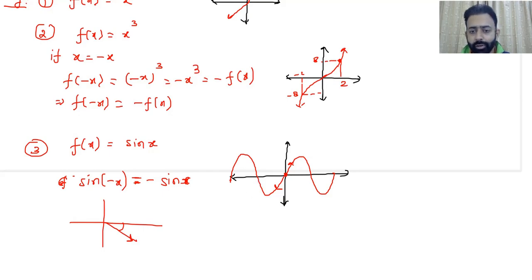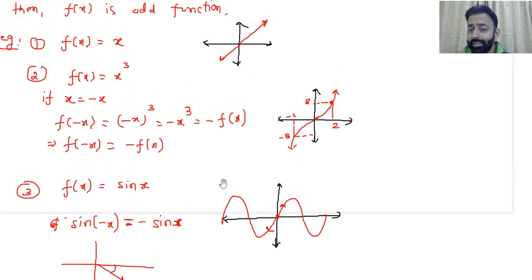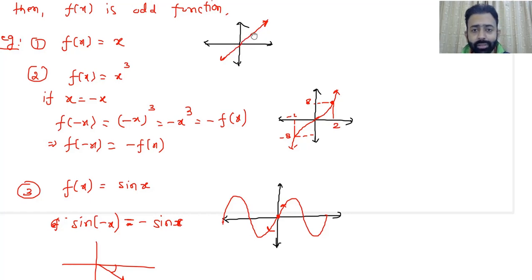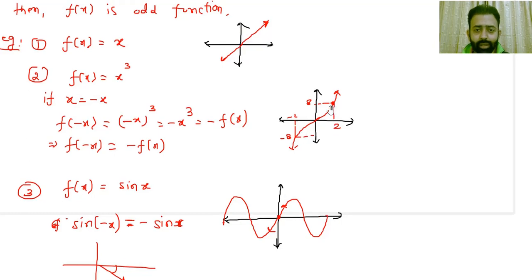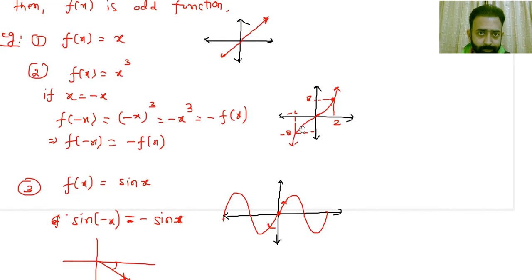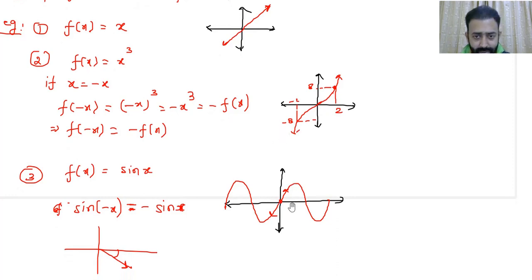Now talking about the symmetry of all these odd functions, you can see that whatever is the portion of the graph for positive values of x, the same is reflected in the opposite quadrant. So it is symmetrical in the first and third quadrants. Here also it is increasing like this and decreasing like this, so it is again symmetrical in first and third quadrants. Similarly for sine x, it is like this.